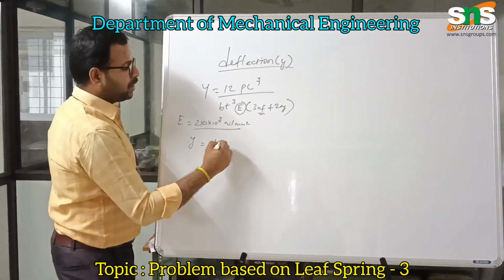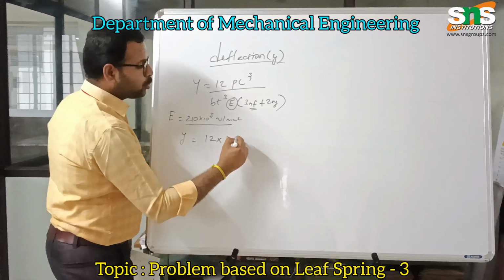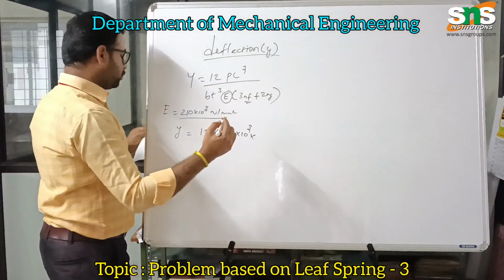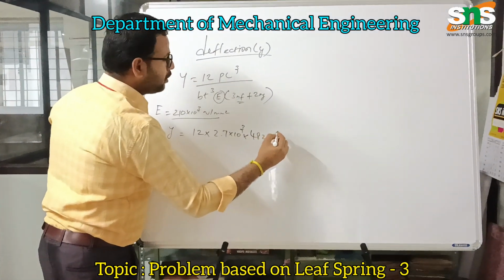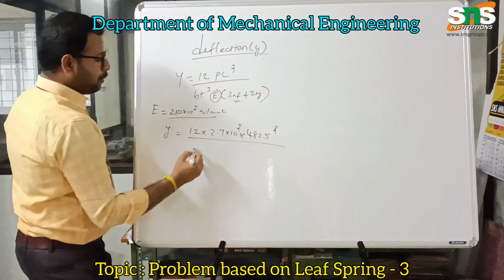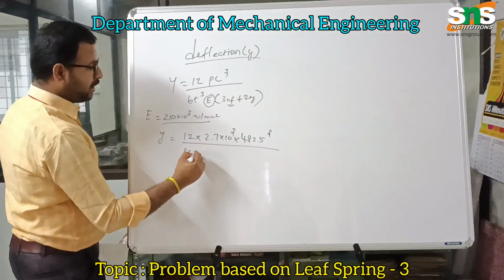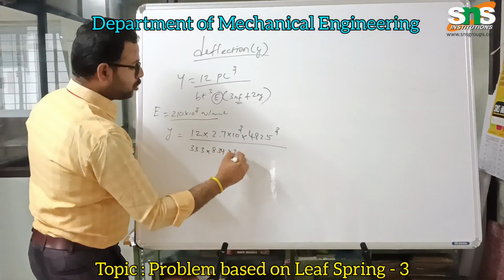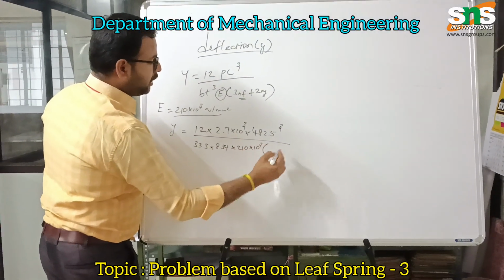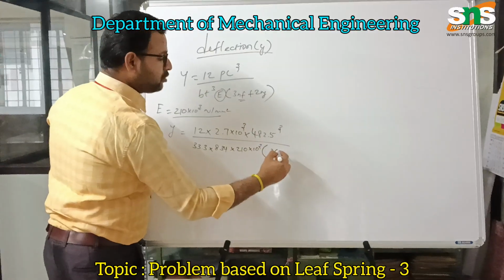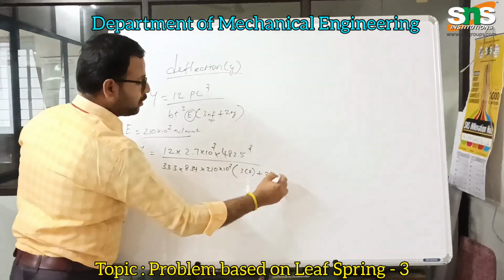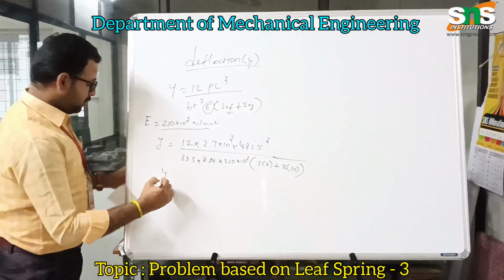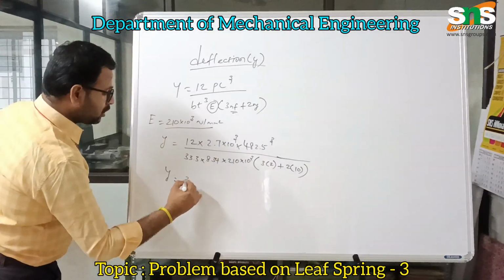So y is equal to 12 into total load 2.7 into 10 to the power of 3 into L, which is 482.5 the whole cube, divided by B, the breadth, 33.3 into 8.34 cube into 210 into 10 to the power of 3 into 3 of 2 plus 2 of 10. So we can summarize this value: y is nothing but 34 mm.